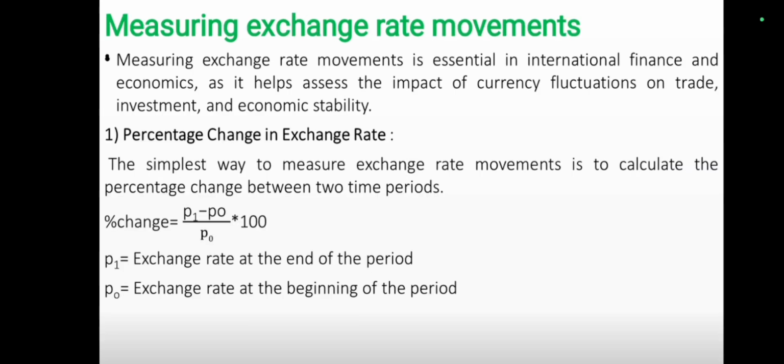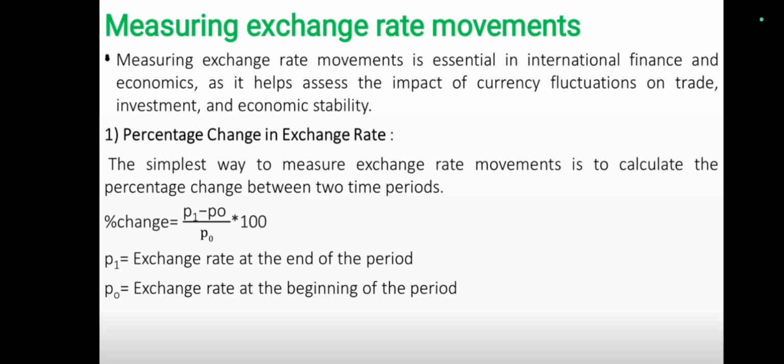Next, here we are going to measure the foreign exchange movements. For measuring the foreign exchange rate movements, we have some crucial methods. That is percentage change in exchange rate, the simplest way to measure exchange rate movement. We consider the formula: percentage change equals (P1 minus P0) divided by P0, into 100.